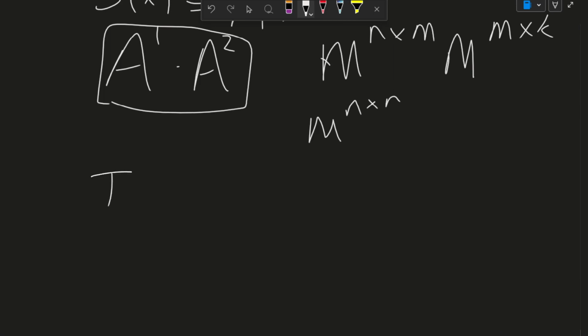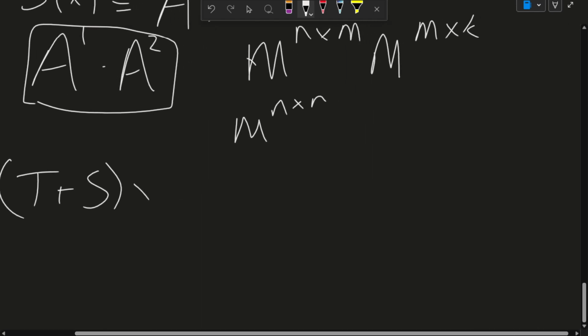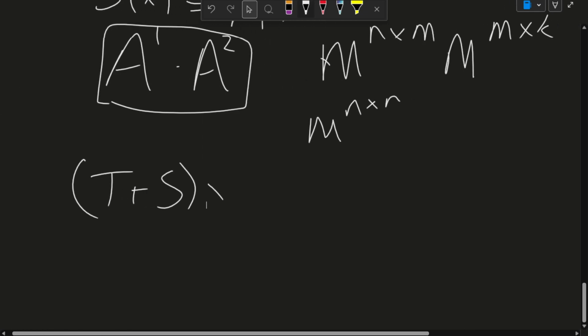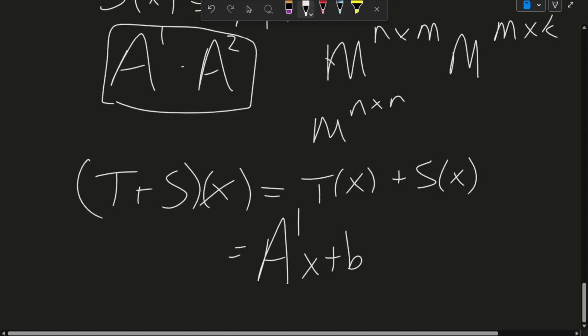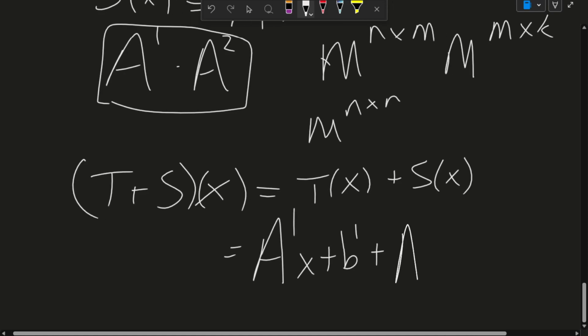So what do we want T plus S of x to be? We want this to be equal to T of x plus S of x. That's easy, right? We just plug in our formula. We get that this is equal to A1x plus b1 plus A2x plus b2.